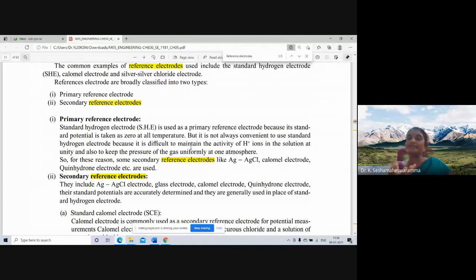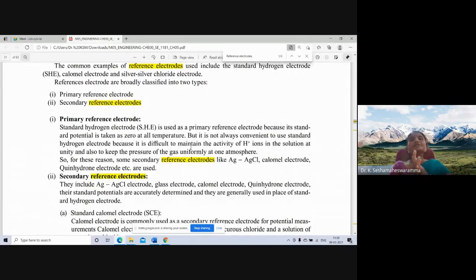Why is the reactivity of H+ ions so high? Because it is the smallest ion, having no electrons, only positive charge. Hence it is highly reactive, and it is too difficult to maintain the activity of H+ ions.